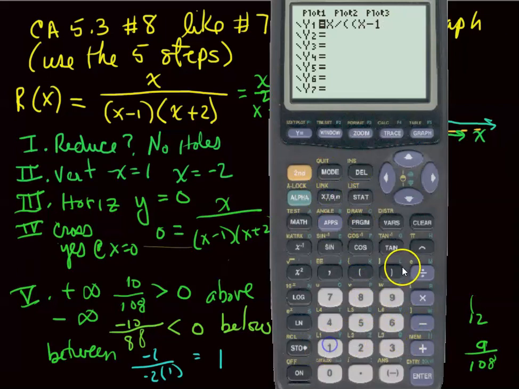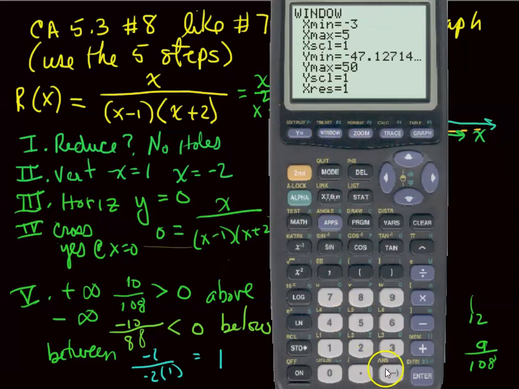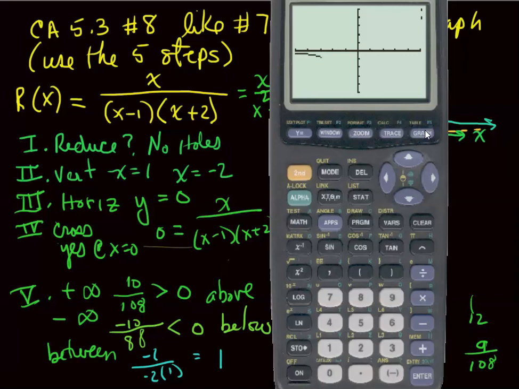We need the whole denominator in parentheses, and then x plus 2. And then close the parentheses for the denominator. Now, for the window, usually negative 5 to 5 is good for most of these. Negative 5 to 5, scale of 1. Negative 5 to 5. Oops, negative 5 to 5, scale of 1. And let's then graph it.